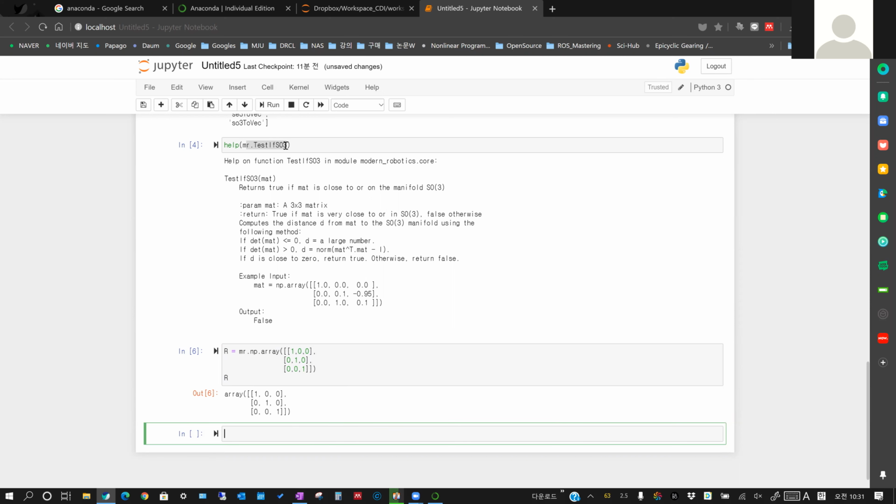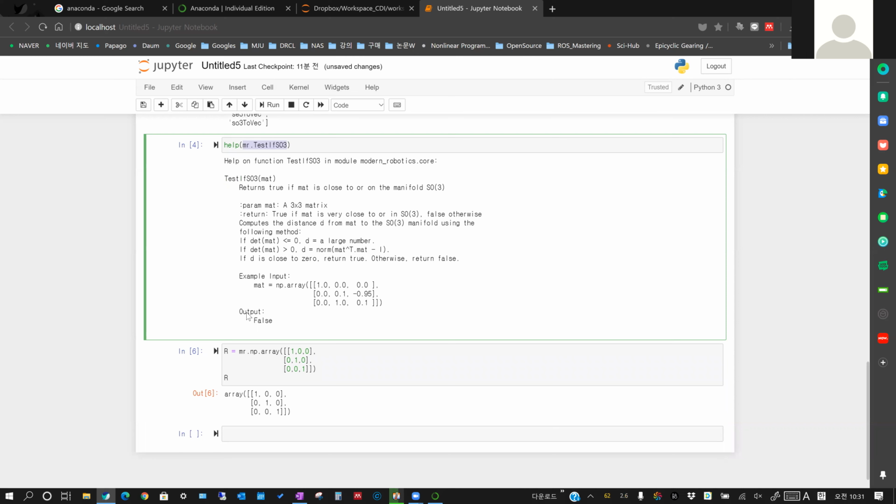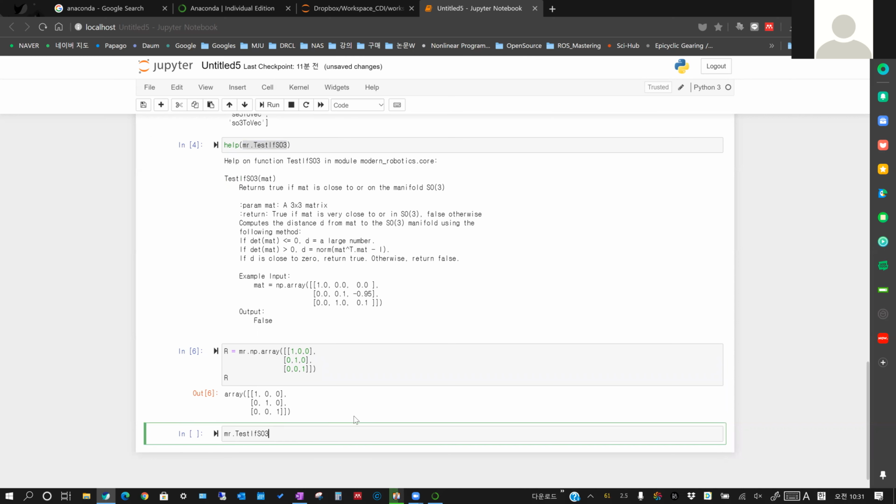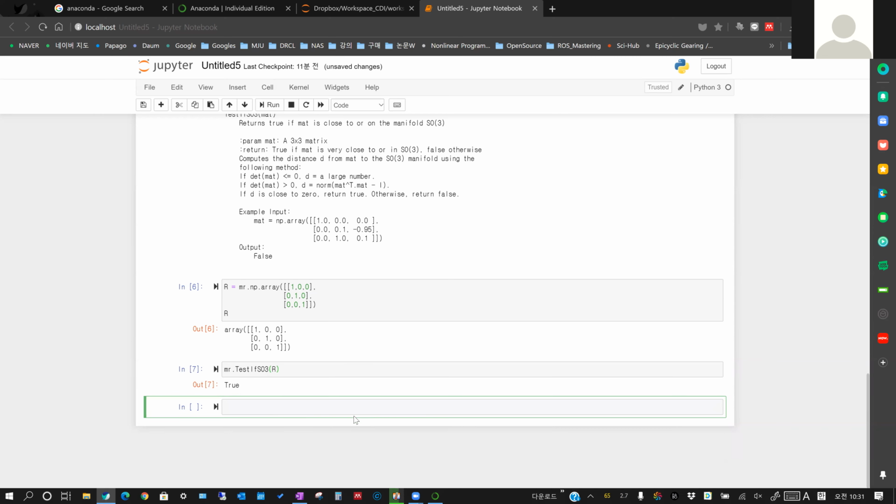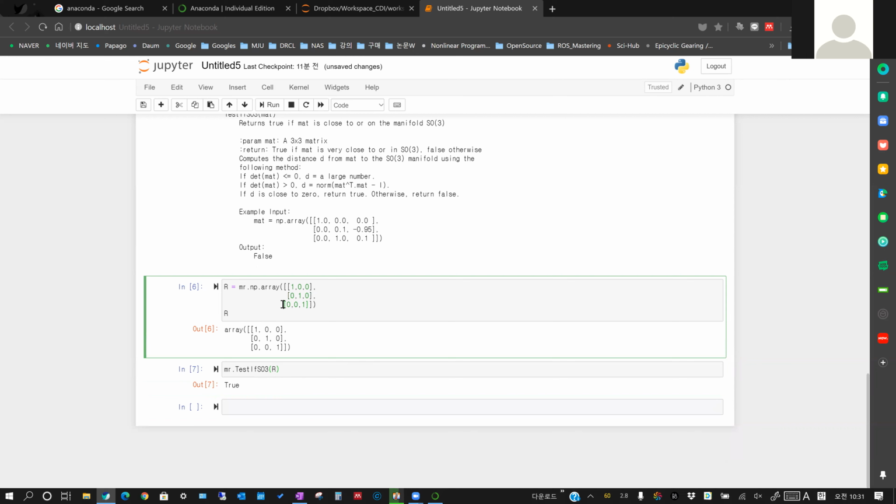By using this function, you can check whether R is SO3 or not. So this one is SO3.